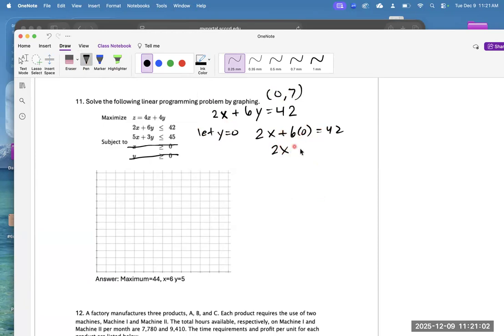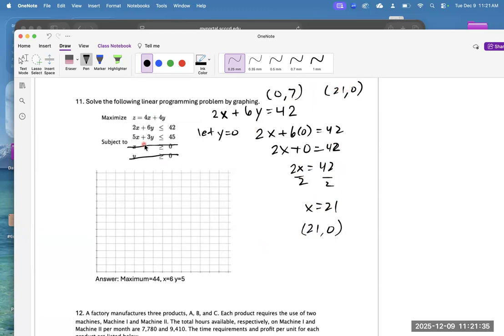And that's 2x plus 0 equals 42. And then that's just 2x equals 42. Divided by 2, we get x equals 21. So it's (21, 0). So those are the 2 points that we need to plot. And then we're going to draw a line that goes through those 2 points. And that will be our first line here.